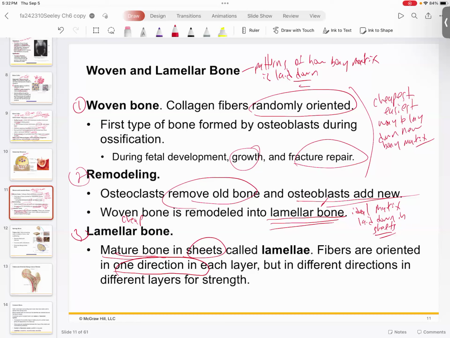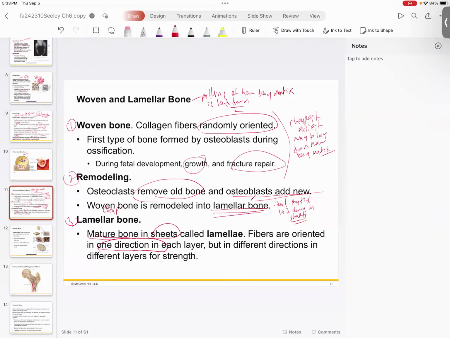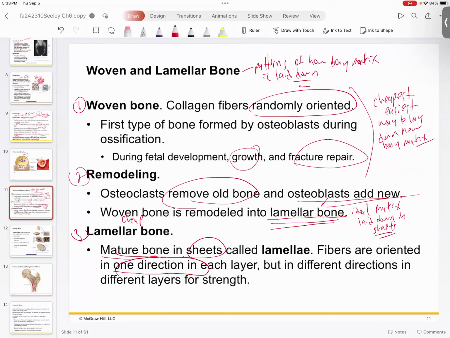You can meticulously construct this lamellar bone, with multiple directions and different layers for strength. So you can really build a nice sheet, right? Woven bone is sort of the cheap way in, and lamellar bone is the gold standard. This is the final result.